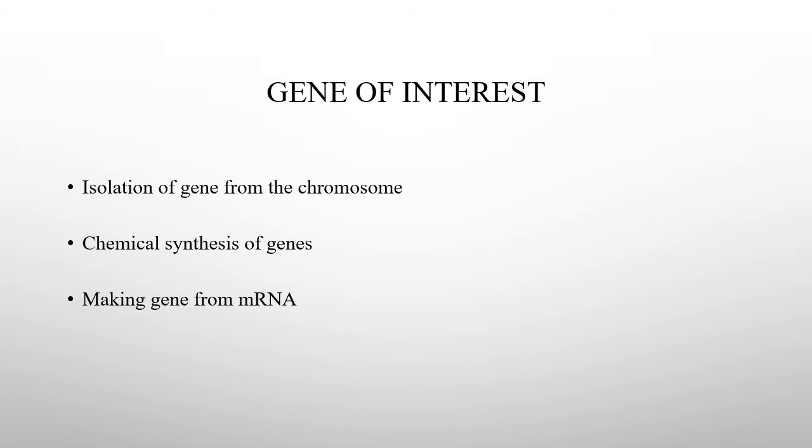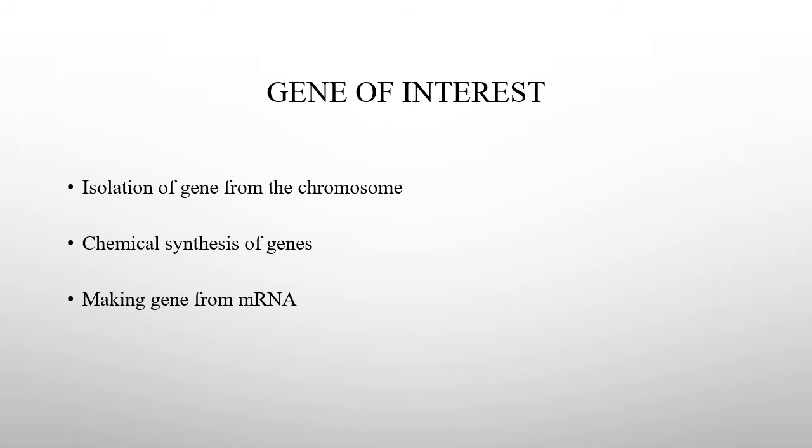And the other one is making a gene from mRNA. It is a very common method of getting the gene. In this case, the gene is synthesized in the laboratory from messenger RNA by the reverse transcriptase enzyme, an enzyme which can make DNA from RNA. So when we use this enzyme, it can make DNA, and from DNA we can make protein, or we can make a gene.